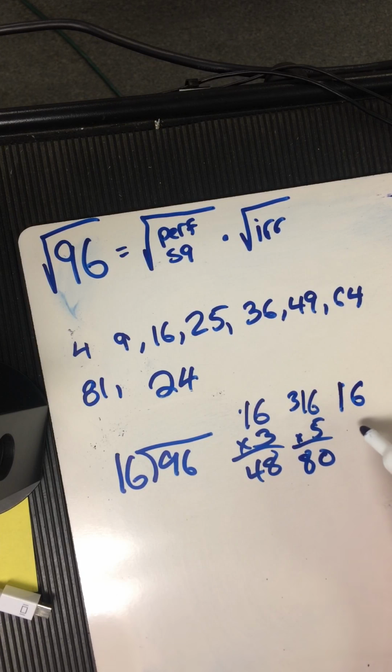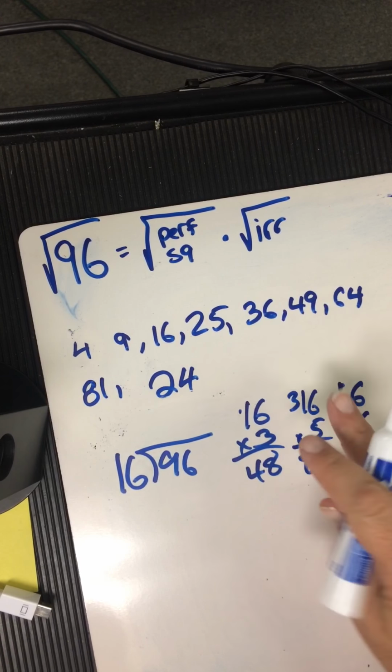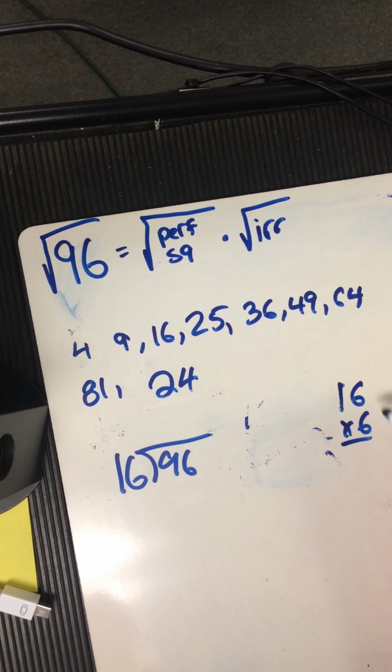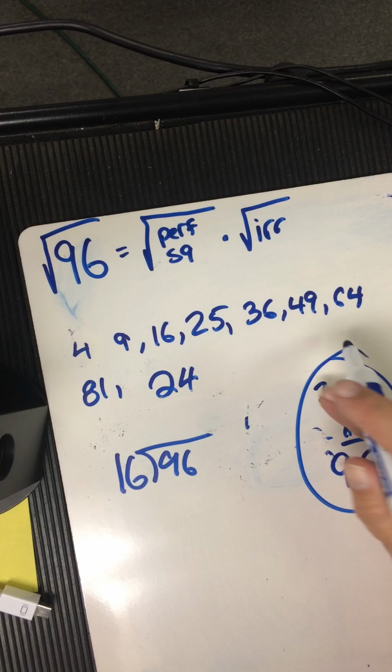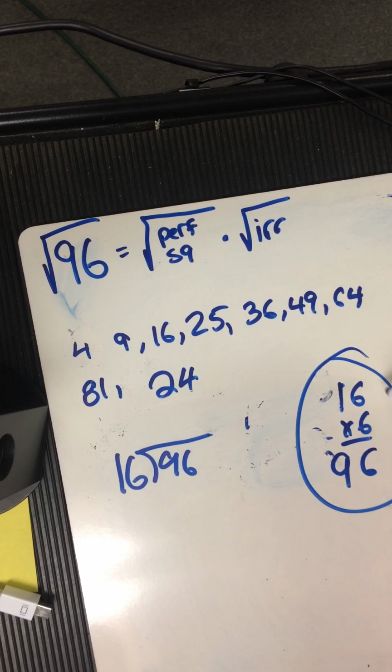Can you still see that? Yeah, 16 times 6, 36, carry 3, 96. Oh, so actually 96 is 16 times 6. There's my perfect square.